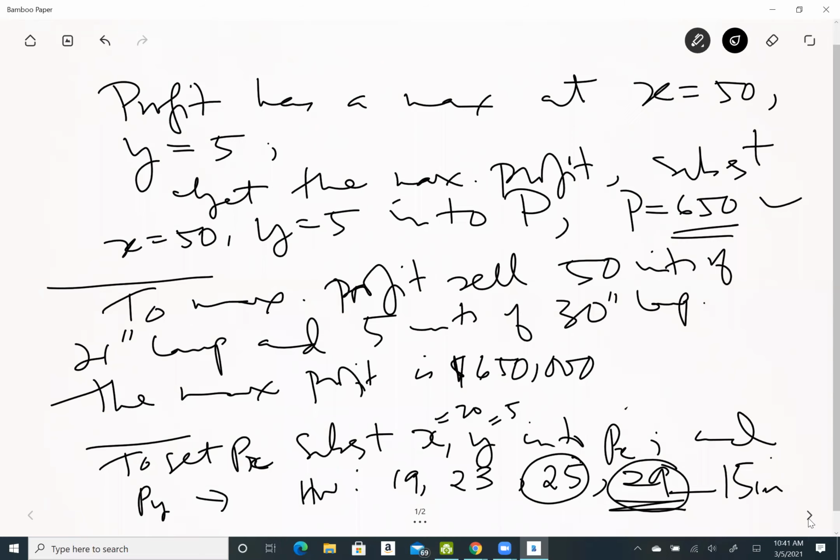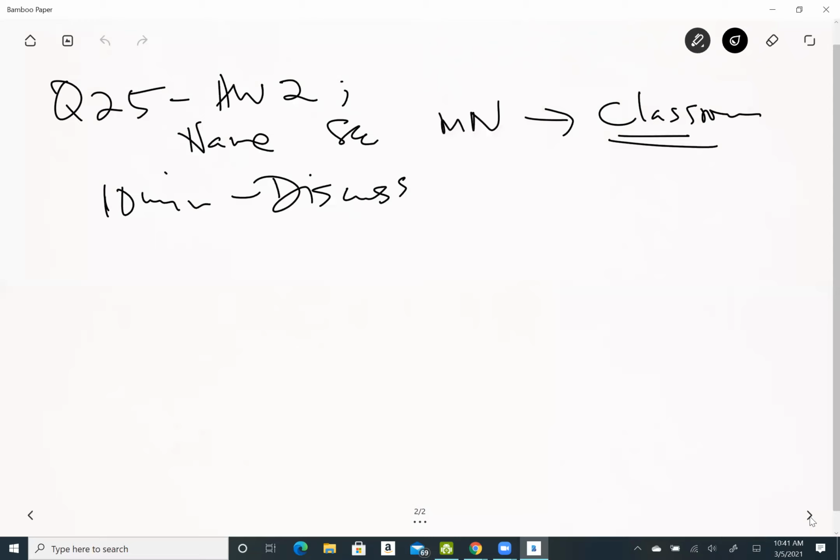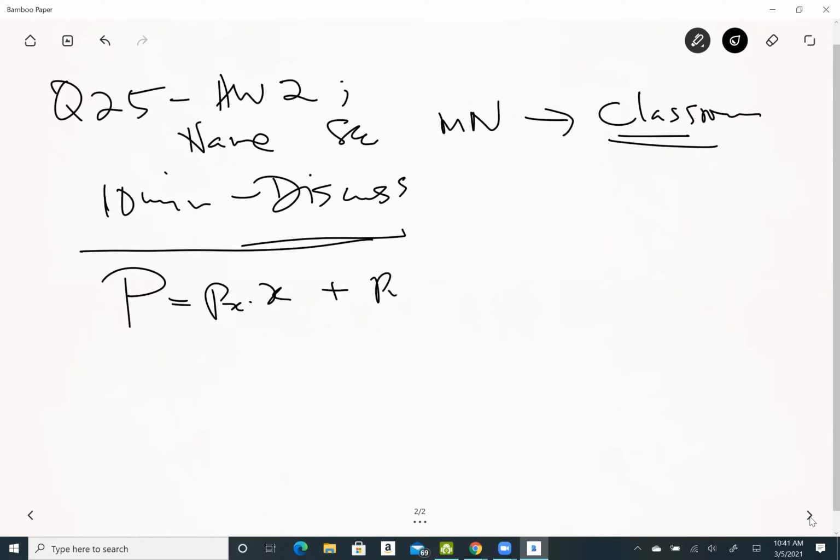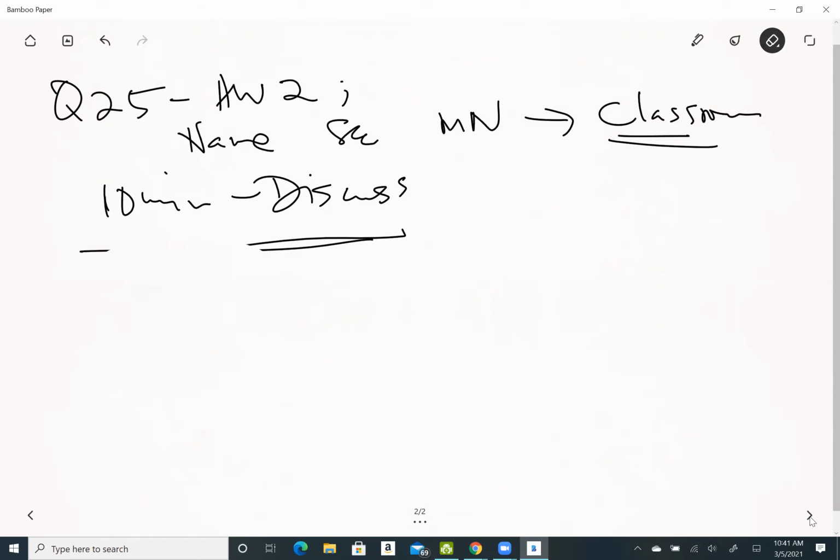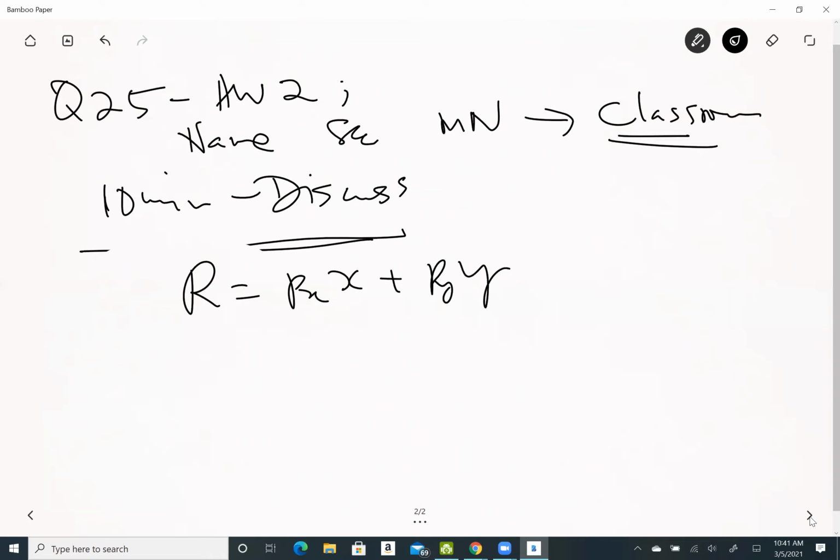Okay. So what you get would be the profit, which is Px times X plus Py times Y. So I think we'll do it one by one. Firstly, you get the revenue. Revenue is Px X plus Py Y. So what do you get?